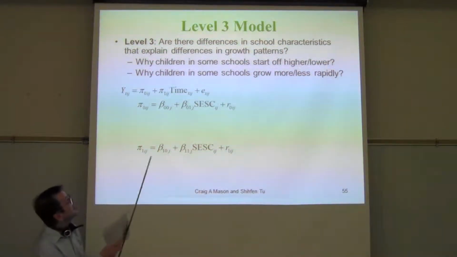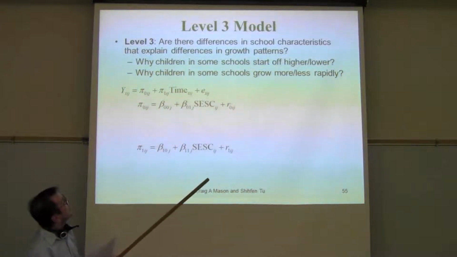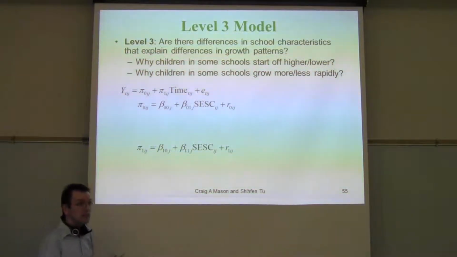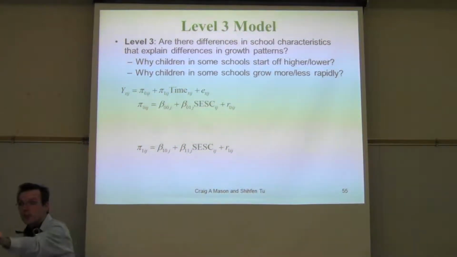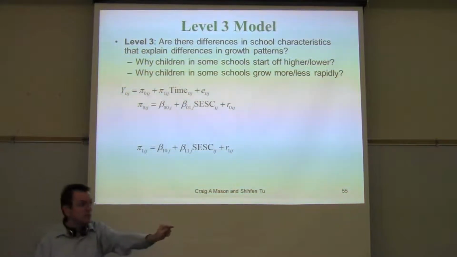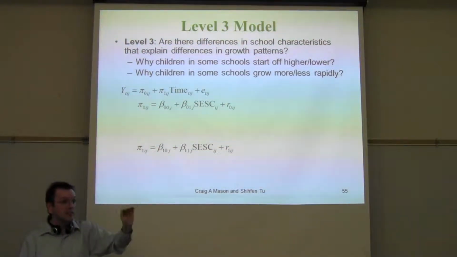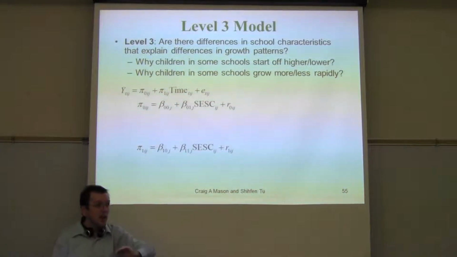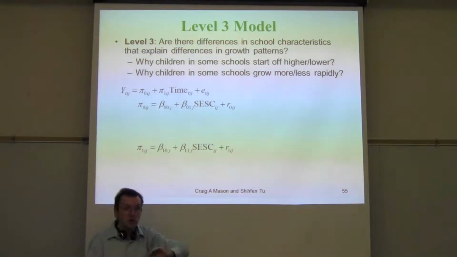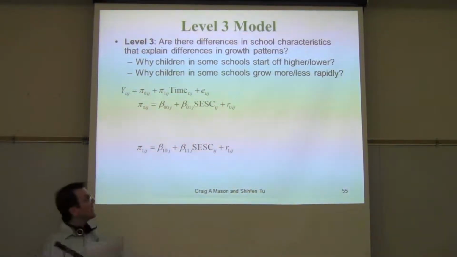In this case, we're going to look at, for example, are there laptops? In this school everyone gets a laptop, in that school everyone doesn't get a laptop. And does that school characteristic explain growth, and explain SES effects, and explain change over time, explain baseline level? It can explain everything.